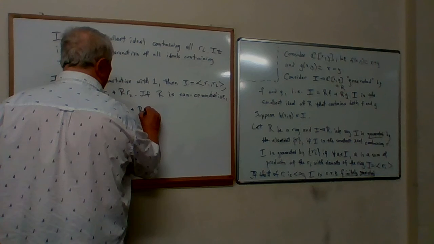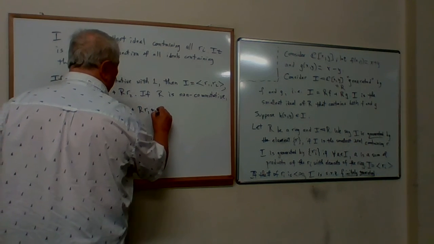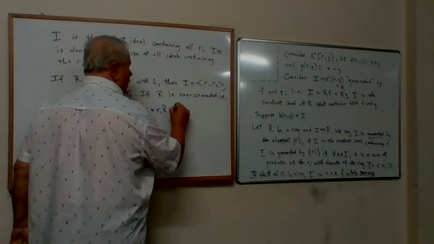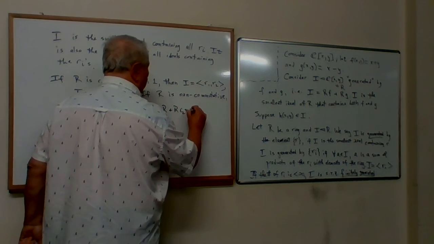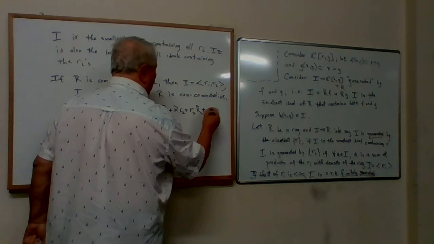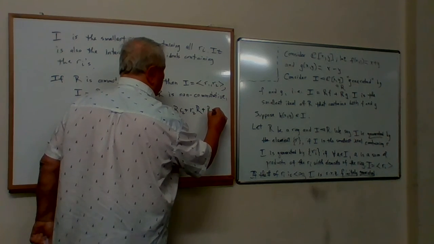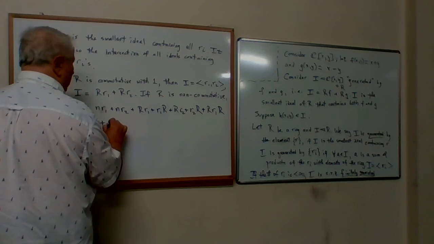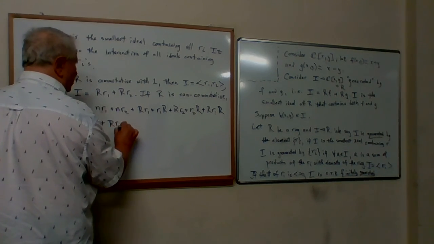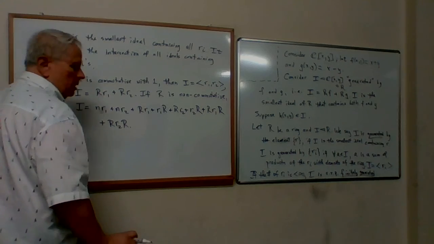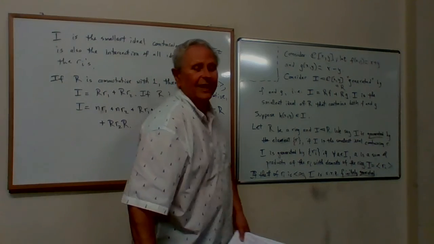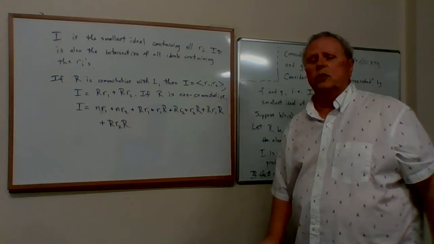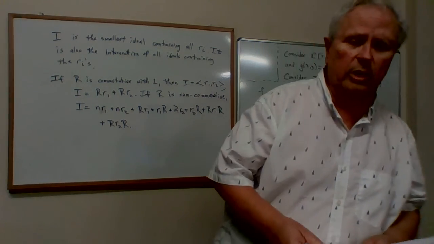So I need all of the r1's plus all of the r1 times r's plus r times r2 plus r2 times r, or plus maybe r times r1 times r plus r times r2 times r. So you see the problem occurs in the non-commutative rings, which is why I love non-commutative rings so much, because you get to solve more intricate problems.